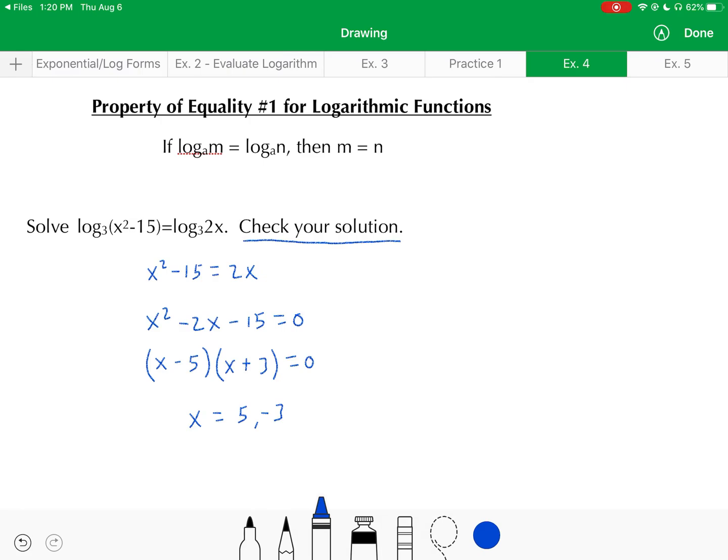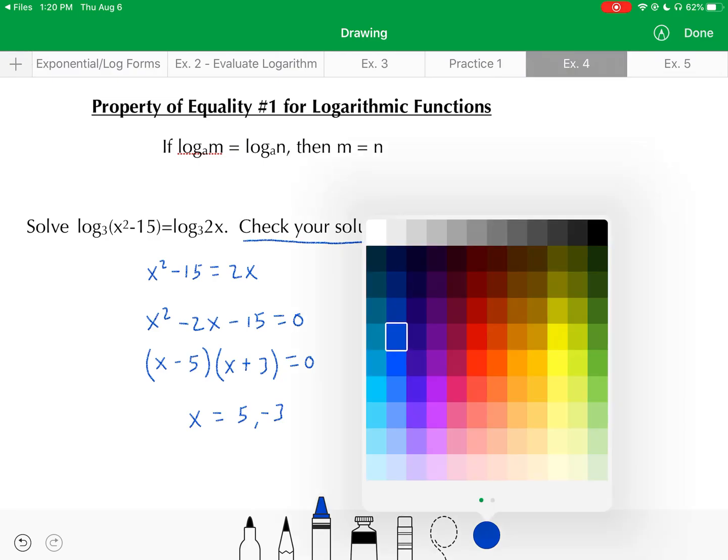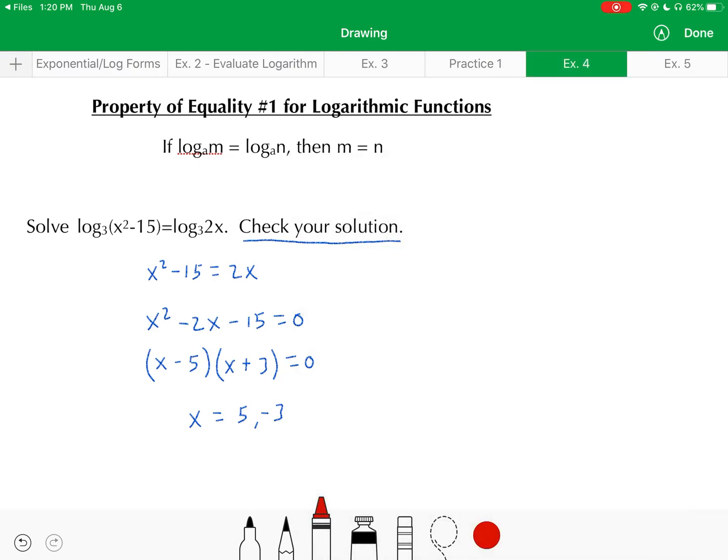So that's okay. That's positive. But if I plug -3 back in, that's going to lead me to an argument that is -6, okay? And that logarithm would not be defined in that case. So I need to exclude the value of -3 that I came up with and only keep 5 as my solution, okay?